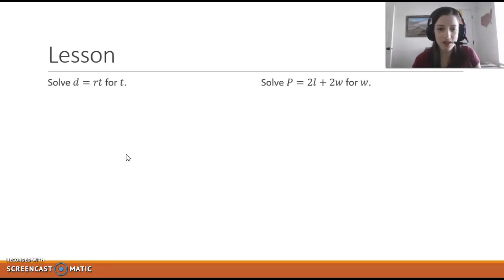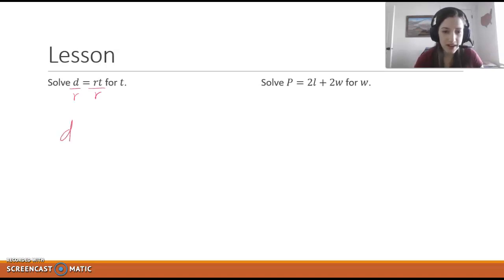So I've got solve d equals r times t for t. All right, so I want to get this t all by itself, and it is r times t, which means that I want to divide. So I'm going to divide both sides by r.